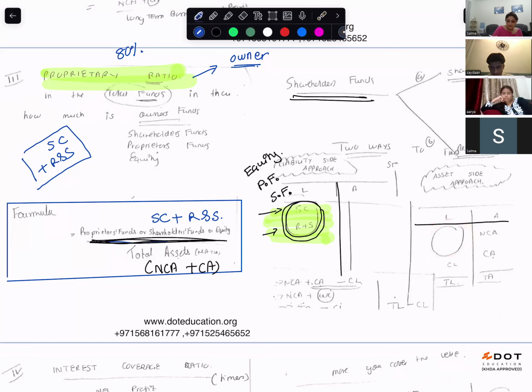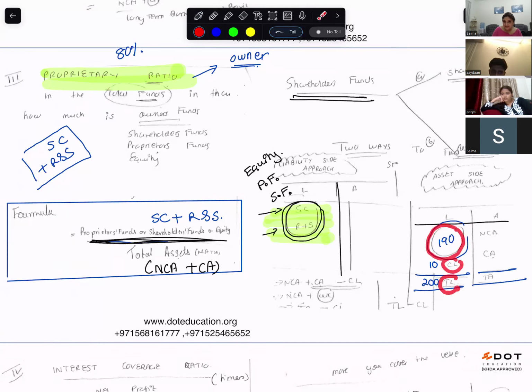Say for example, your total liabilities is 200 and current liabilities is 10. Can you tell me how much this will be? 190. Share capital plus reserves and surplus plus the current liability will give you your total liabilities, correct? Yes, miss.